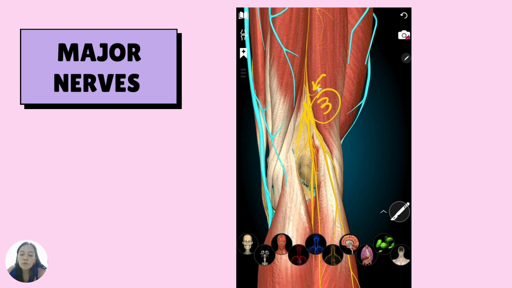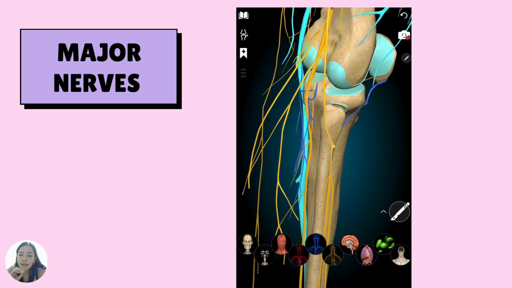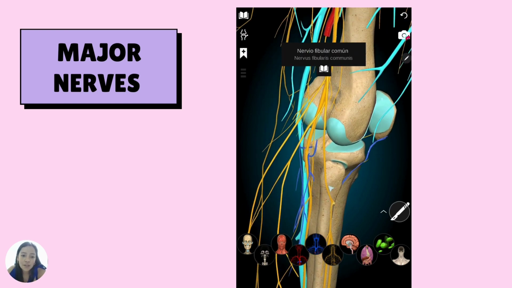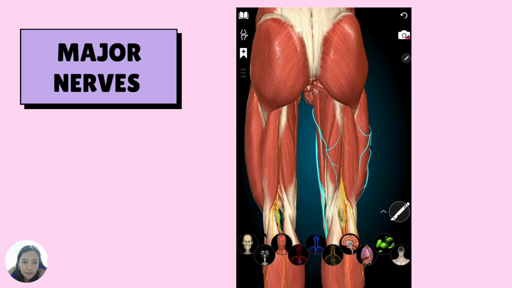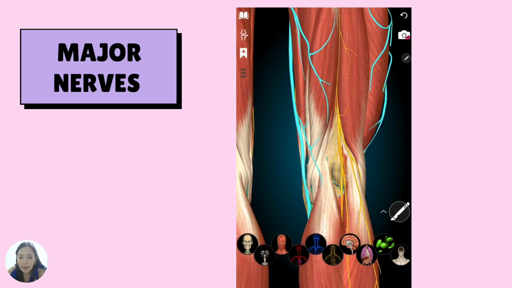Then we have the common fibular nerve, also called the peroneal nerve, that we can see in this part. It wraps around the fibular neck and splits into two branches that control the muscles in the front and posterior part of the leg.